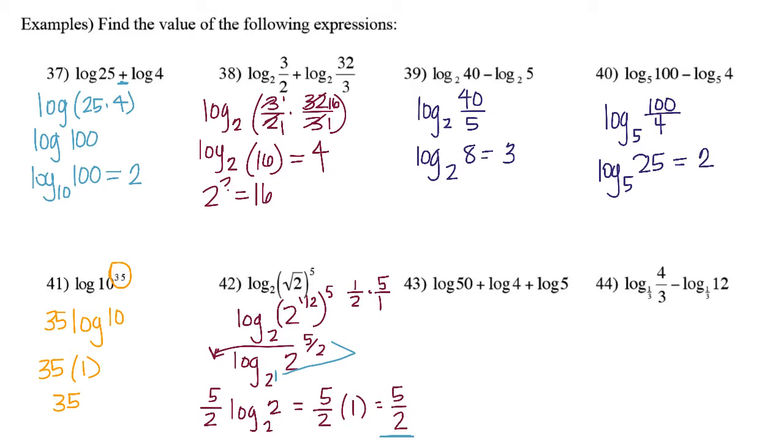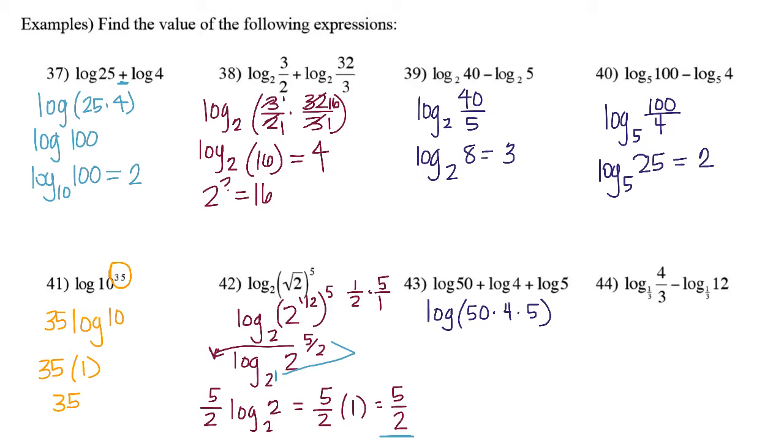You're welcome to use that shortcut if you remember it. Okay, number 43, again, more of the same. It looks like we're going to have some pretty ginormous numbers here because we will be condensing all of that to multiplication. So we have log, and then we're going to have 50 times 4 times 5. And so when we put all of that together, my gracious, what a number.